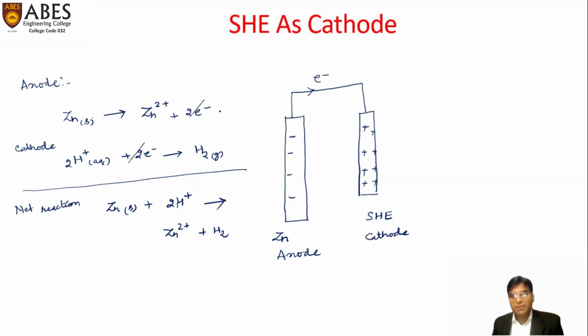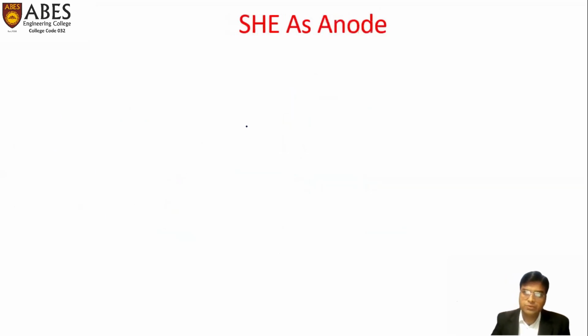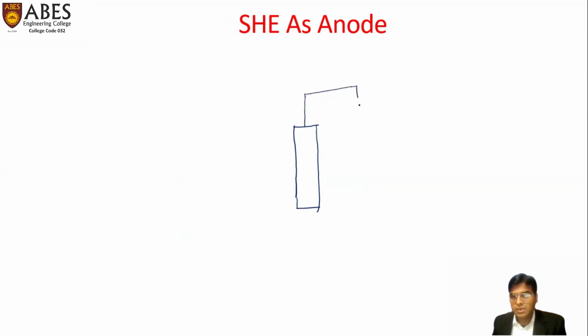This was about how the standard hydrogen electrode works as cathode. But due to its reversibility, the standard hydrogen electrode can work as anode also. For example, if any metal may work as cathode, in that case, the standard hydrogen electrode may work as anode.